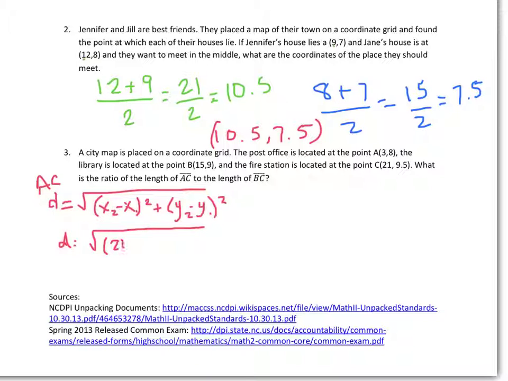So I'll do 21 minus 3 squared plus 9.5 minus 8 squared. And I'll simplify that to find that the distance, so I have a distance of 18.0624.